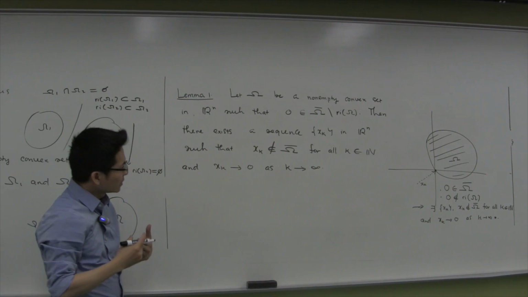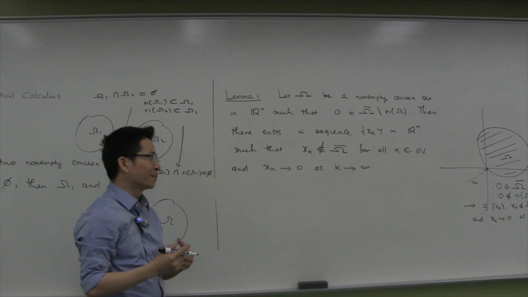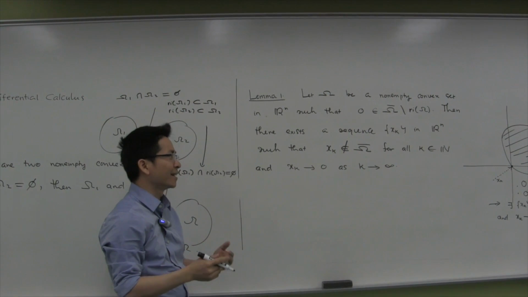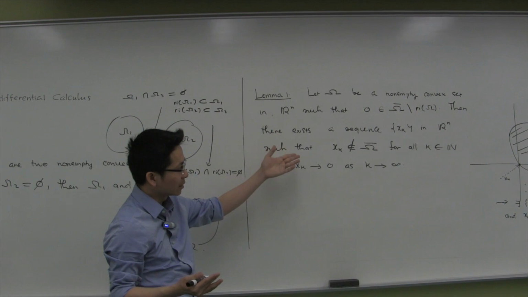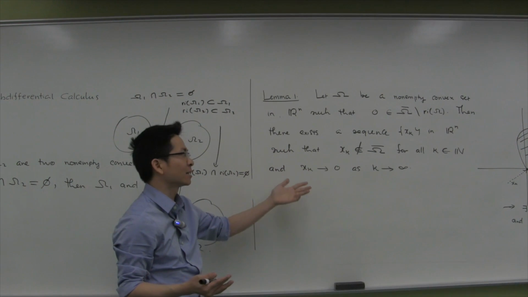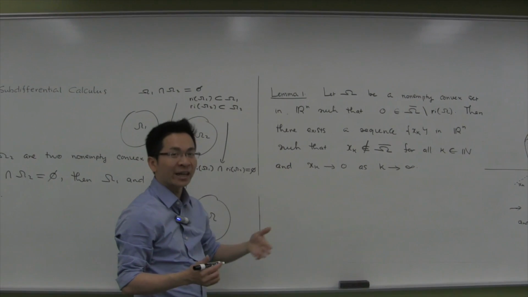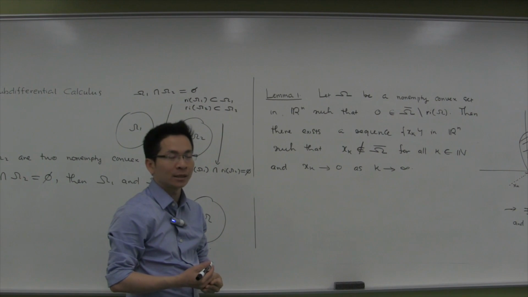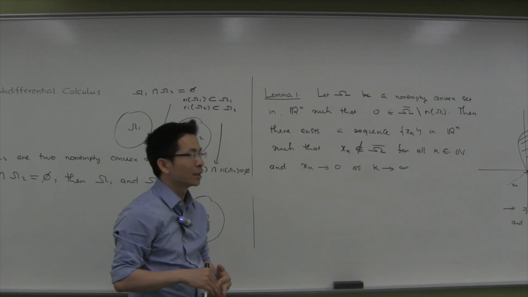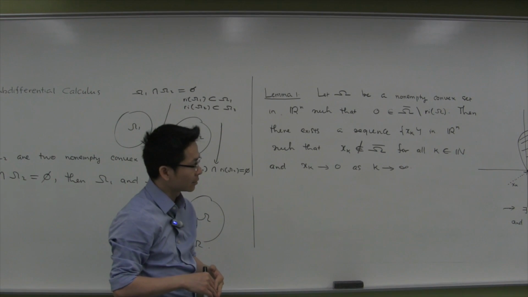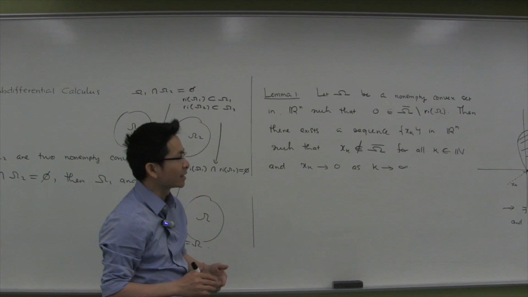So the statement looks complicated, but if we demonstrate this lemma by a figure, we're going to see that the proof is very simple based on properties of the relative interior for convex sets. The main idea is as follows.